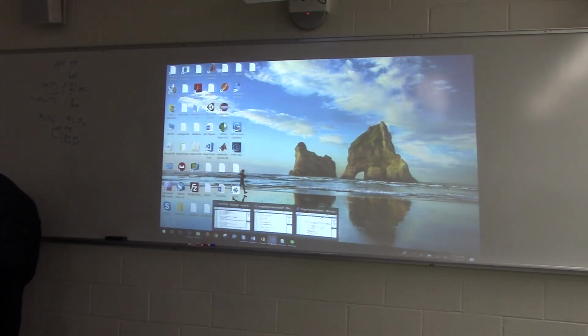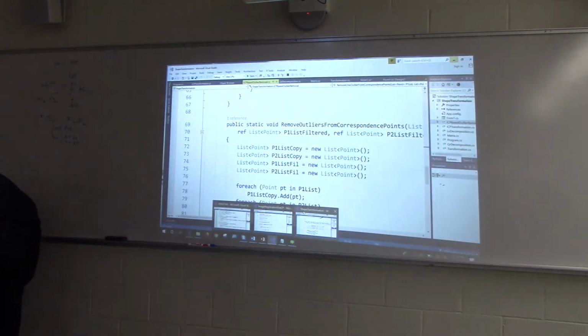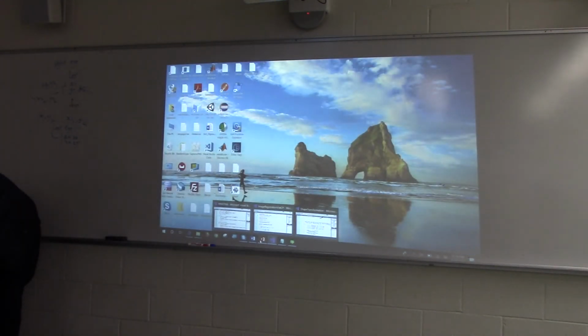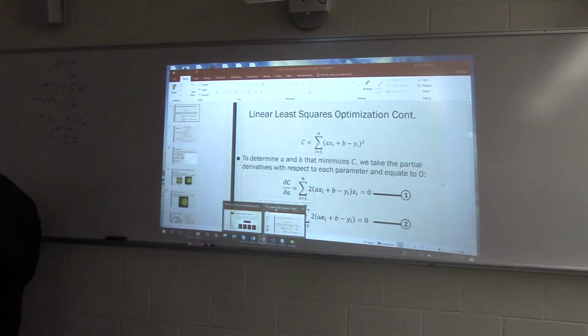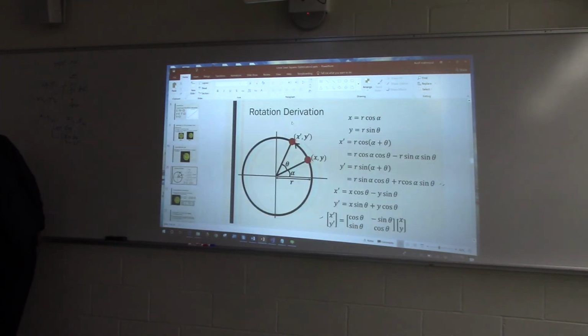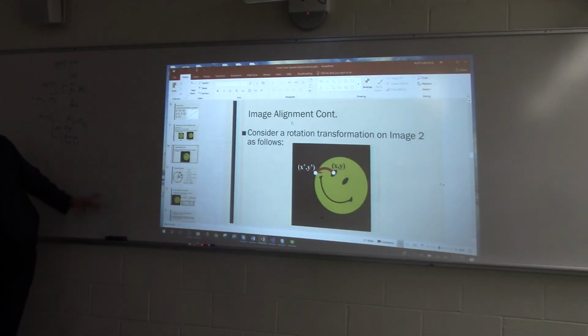I have not put the assignment there yet, but there's a small PowerPoint that I'll put on the website, basically explaining. Some of you who are in the deep learning class have already seen this, but it's related to image alignment, which I did not show you in the deep learning class.